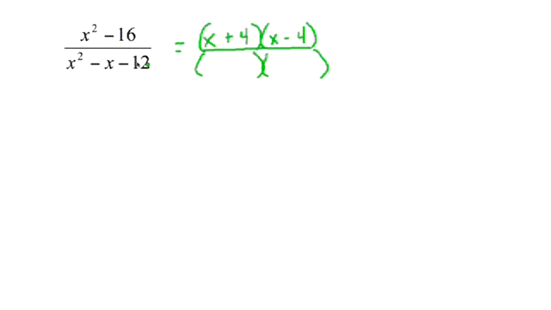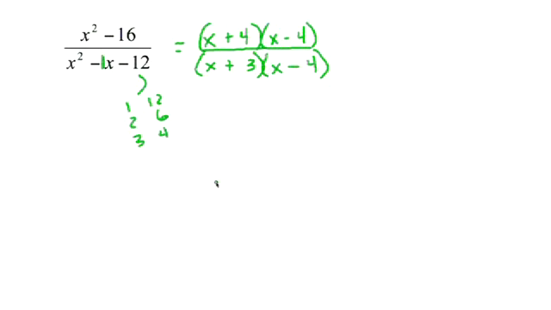Okay, the denominator is a trinomial, and think about all those factors of 12, 1 and 12, 2 and 6, 3 and 4, and you want the ones that subtract to give you that 1 in the middle. Well, clearly that's going to be the 3 and the 4. So put in your x's, your 3 and your 4, and you want a negative 1, so make sure the 4 is negative and the 3 is positive.